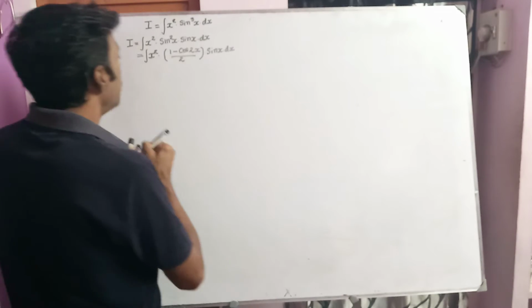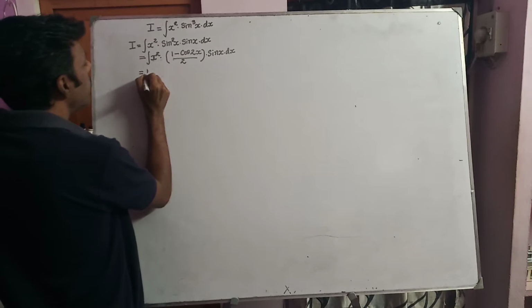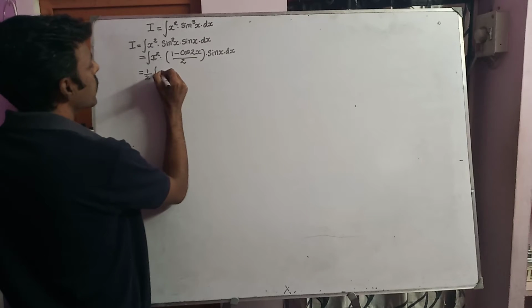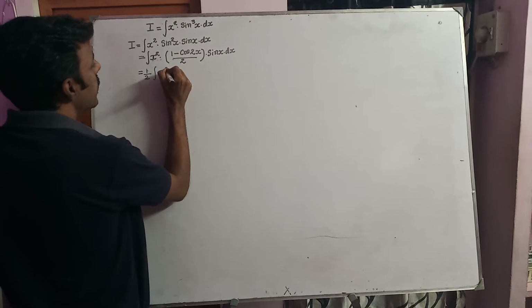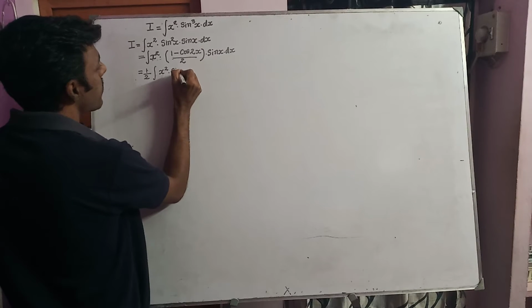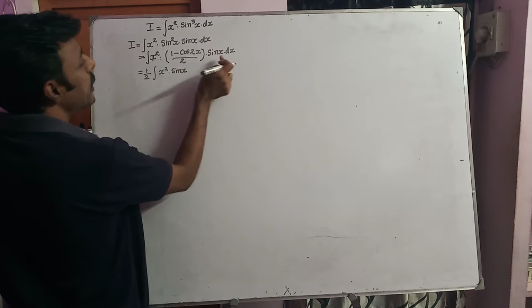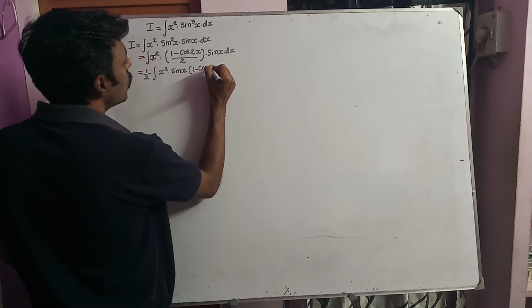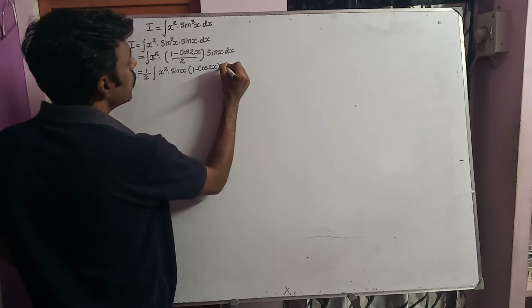Now I am going to take this 1 by 2 outside, which will be equal to 1 divided by 2 into integral of x squared into sine x into 1 minus cos of 2x into dx.